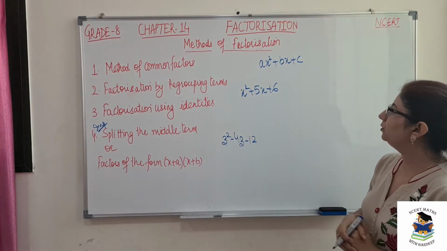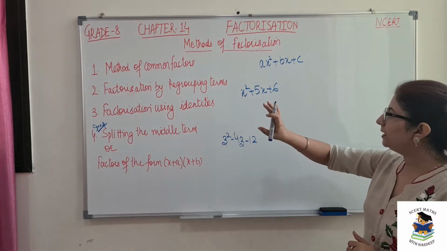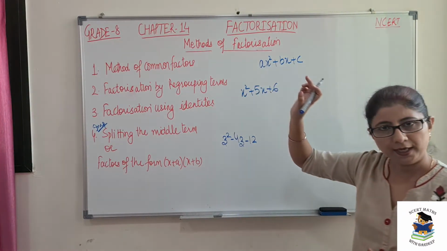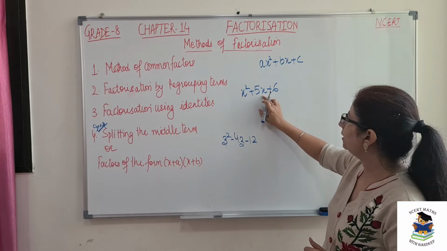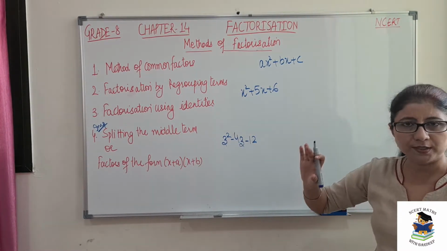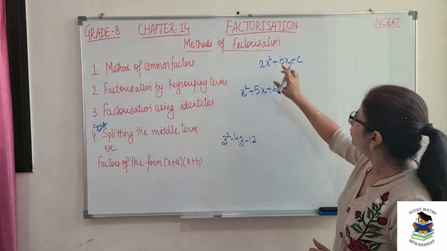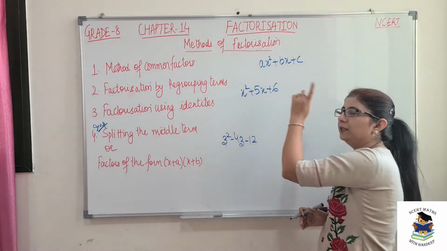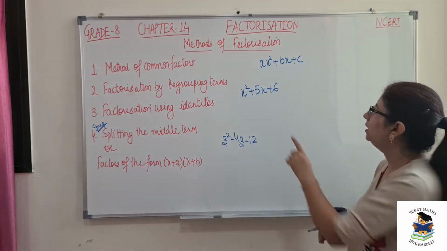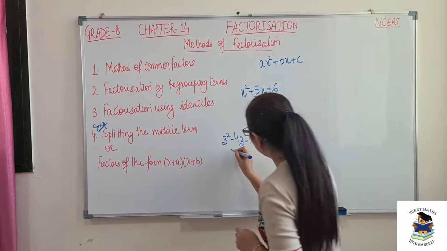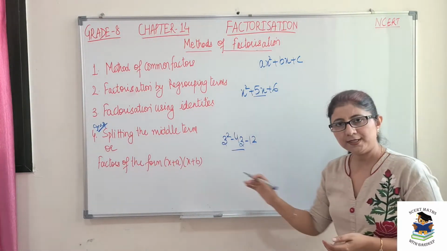So we will always arrange the expression in such a way that the first term has exponent 2, the second term has the variable, and the third term is a constant. We will split the middle term, that is, always the term with the variable. In this case 5x is to be split, and in the second case minus 4x.